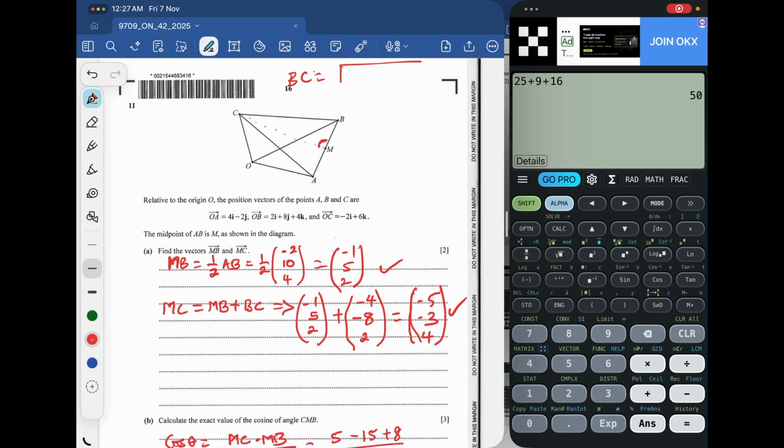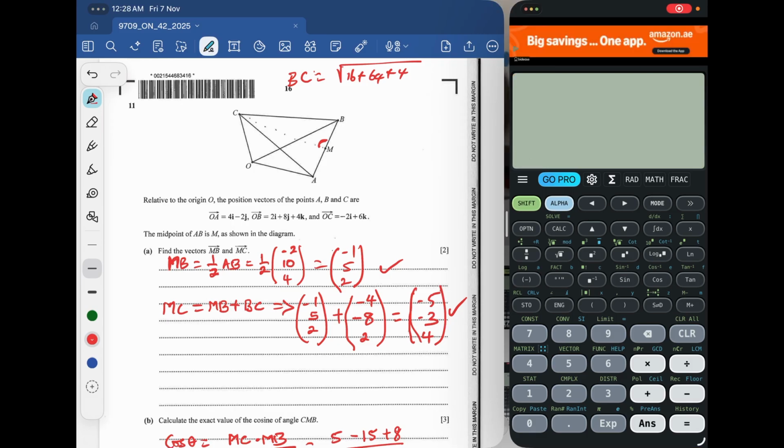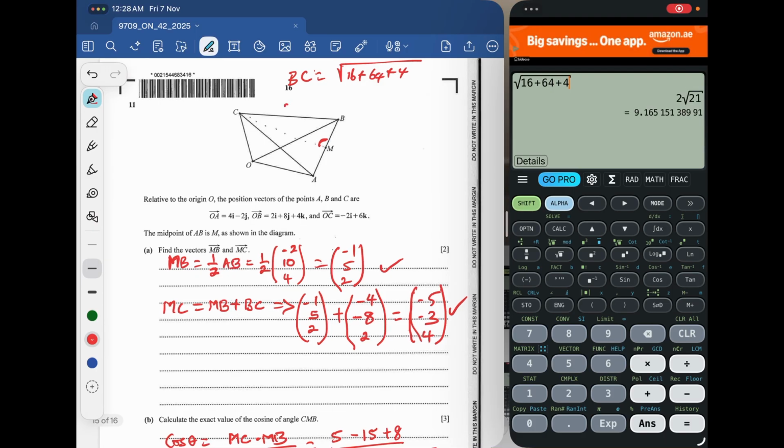So that's the square root of 4 squared, which is 16, plus 64 plus 4. So the square root of 16 plus 64 plus 4 is 2 square root 21.